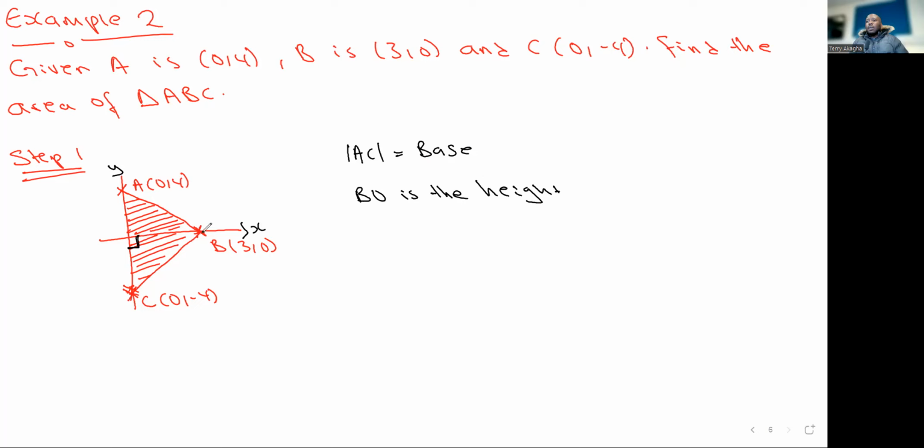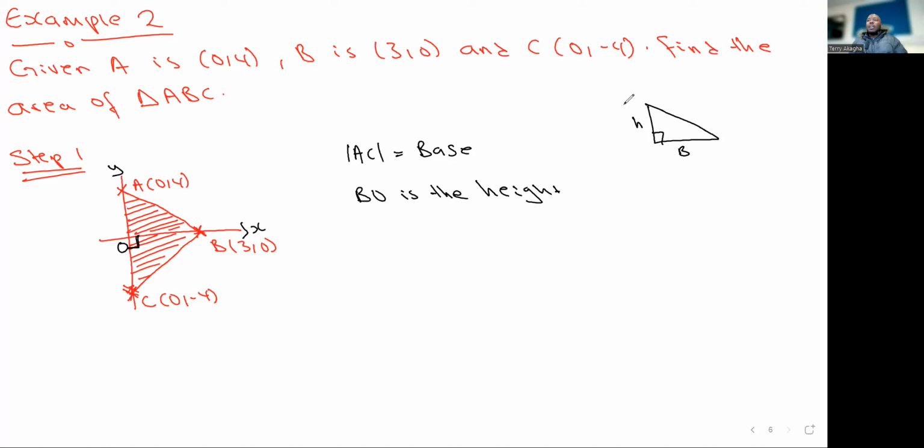If you look at B and this is O, the origin, so B and O. Now this AC is the base. Remember I told you earlier that the height has to be perpendicular to the base.